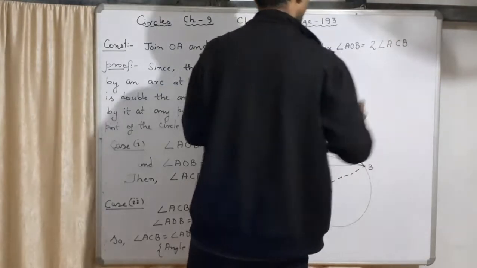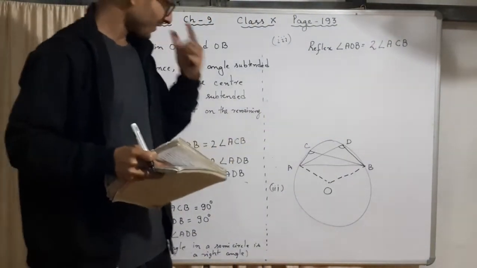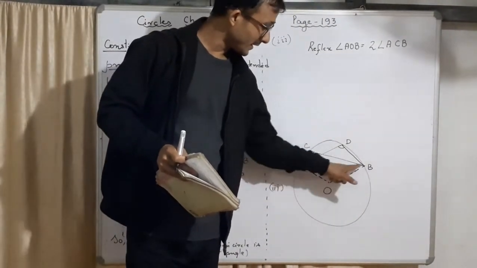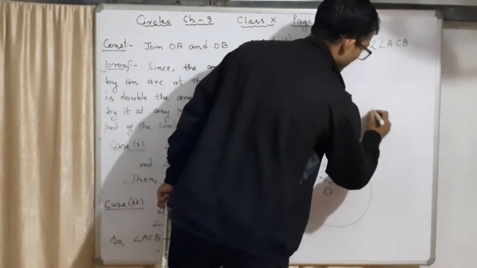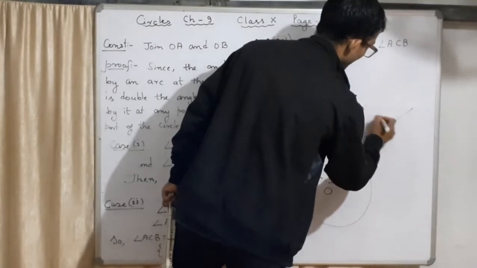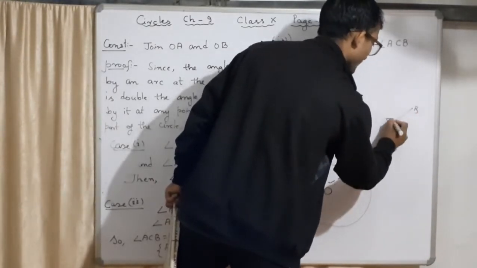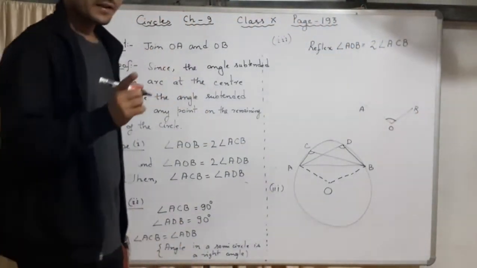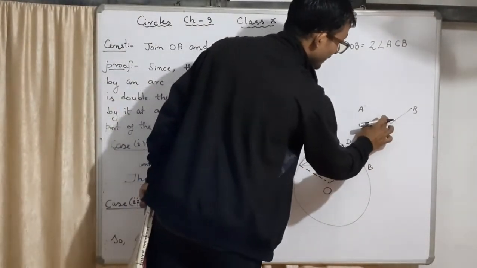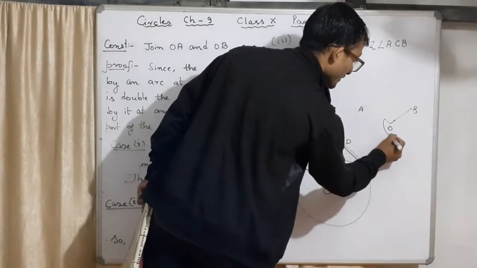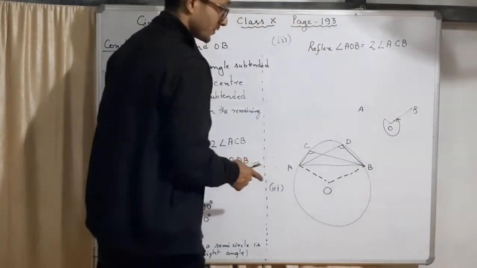Very important here, a very small but important part. Whenever I write angle AOB, we will always think about this angle. But if it is a reflex angle, then you have to mention reflex here. Then that will mean that I'm not talking about this angle, I'm talking about the bigger one.